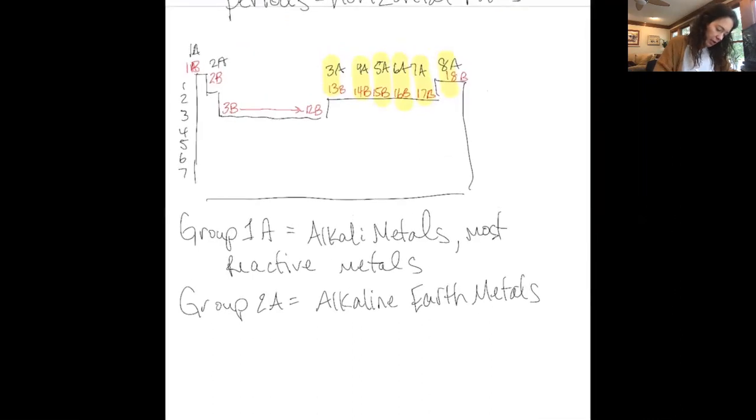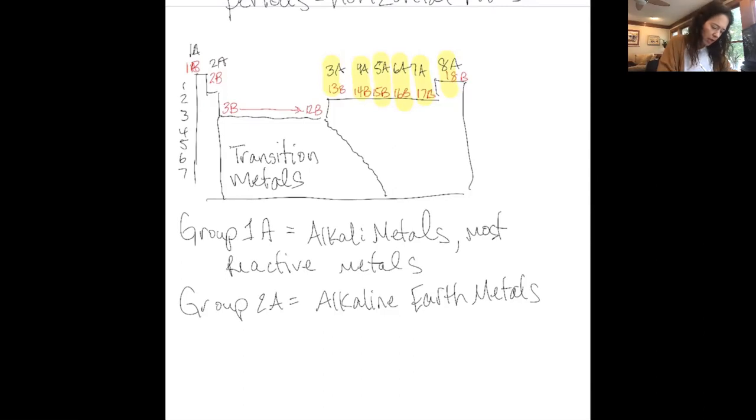In the D block here, and then it also ranges over here, are your transition metals. All right. Remember that the D block, the transition metals, are not representative elements.